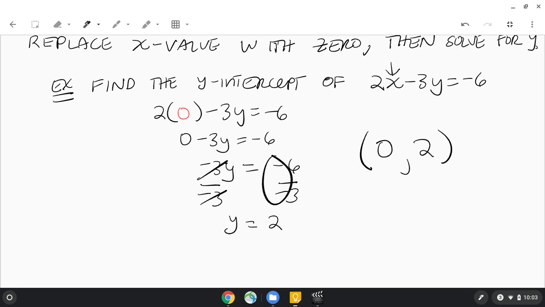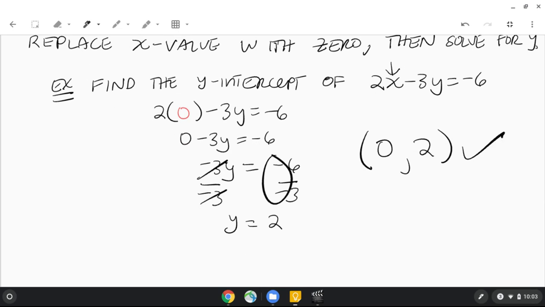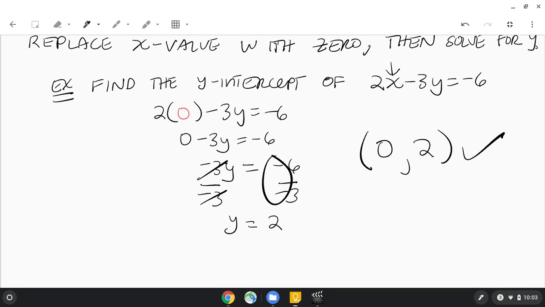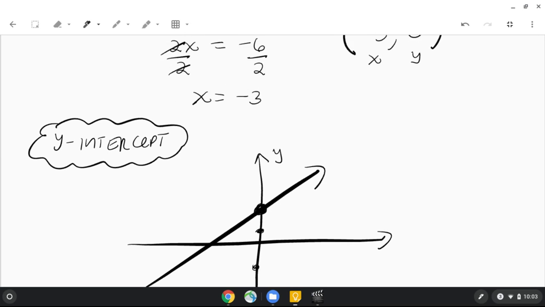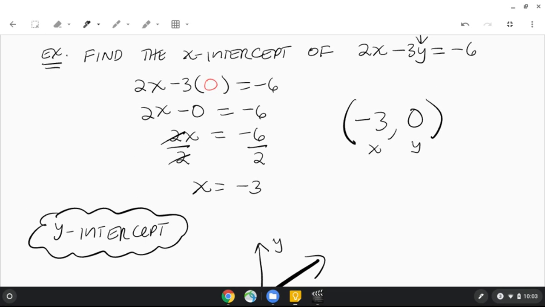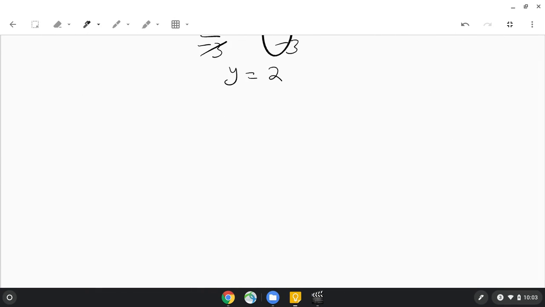If we graph this, then we have to graph this point right here, 0, 2, and this one right here, -3, 0. So -3, 0, and 0, 2.